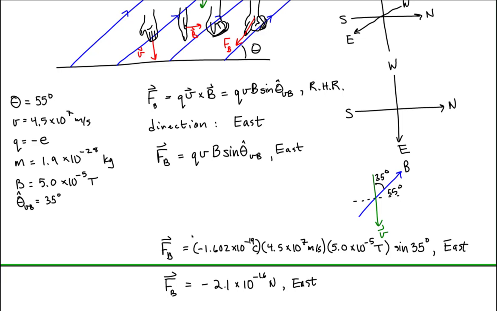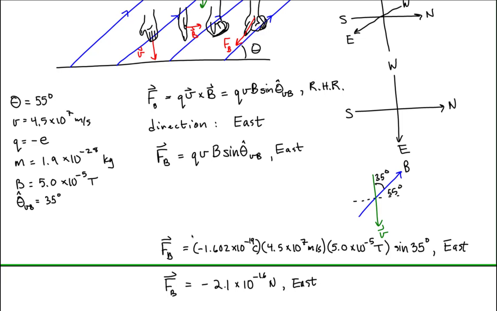Well, a muon is negatively charged. So when we got that the direction of our thumb was parallel to the east axis, since a muon is negatively charged, that would mean the magnetic force is actually opposite the direction that our thumb would tell us from the right-hand rule. So that would be westward. The muon experiences a magnetic force westward.